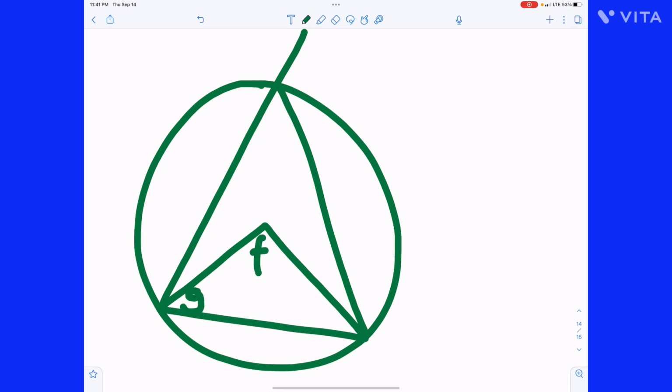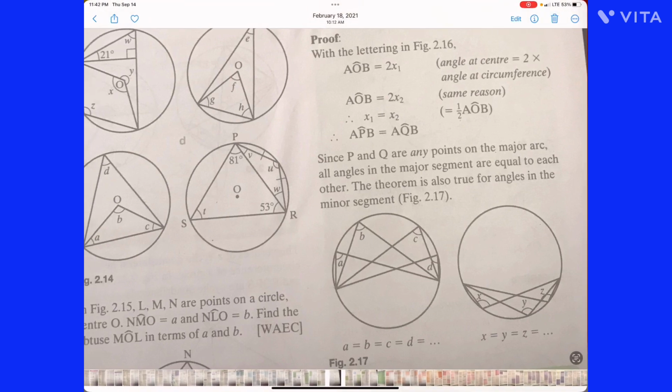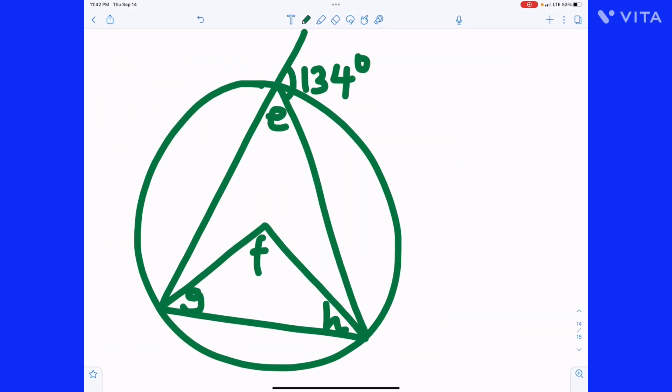F, G, H, E, 134 degrees. I hope I'm correct. Okay, that's right. F, G, H, E, 134.